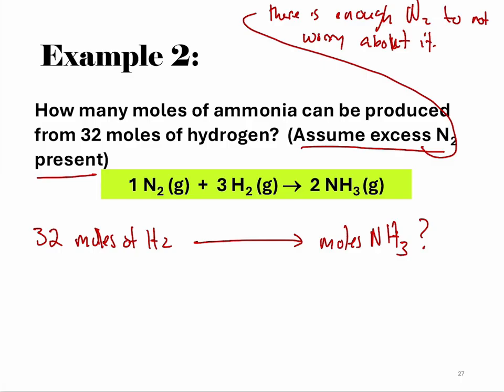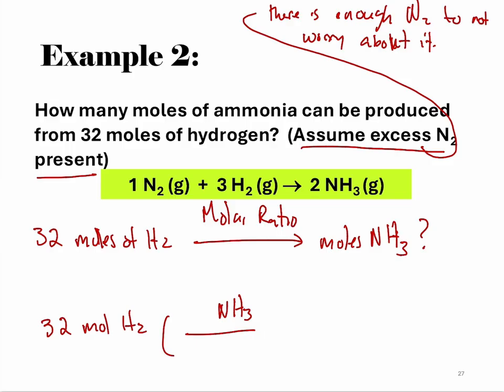Yeah, we use the molar ratio, right, Zendaya? We use the molar ratio, which we get from the balanced chemical equation. So we're starting from 32 moles H2, or I'll just put mole H2. You can use both, but I'm trying to be consistent. And what's going to be our ratio? What goes in the denominator and what goes in the numerator? Ammonia should be in the numerator because we're trying to solve for moles of ammonia, right?